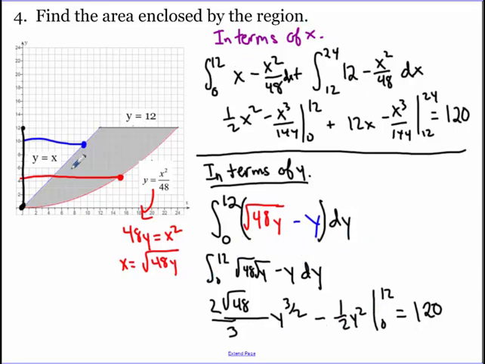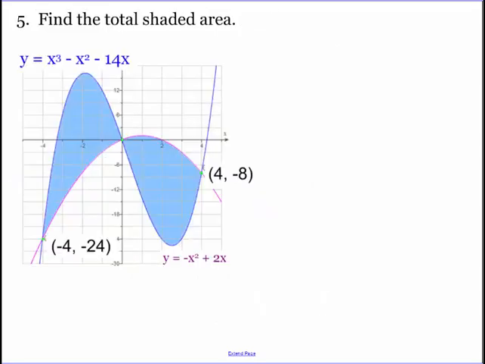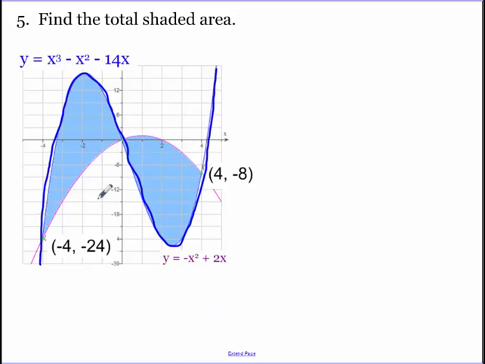In terms of x, we had to split it up into two functions. Now, talking about splitting up into two functions, one function always needs to be the function above versus the function below. So I'm highlighting our blue curve, which changes. The function that's on top changes halfway through our area.